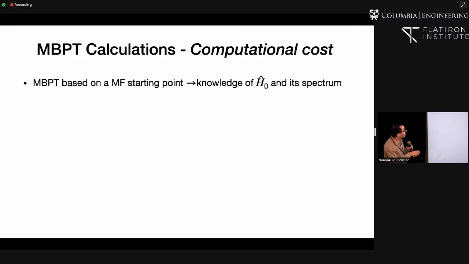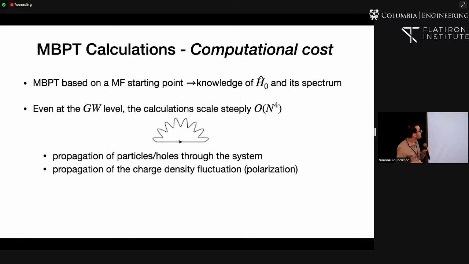The starting point Hamiltonian is usually not a problem. I can do DFT and Hartree-Fock for relatively large systems. But when I want to evaluate, even if I'm happy with the lowest order diagram that I'm showing here, that's GW, you will realize that it scales as N to the fourth with the number of electrons.